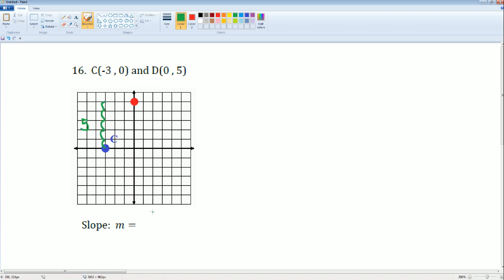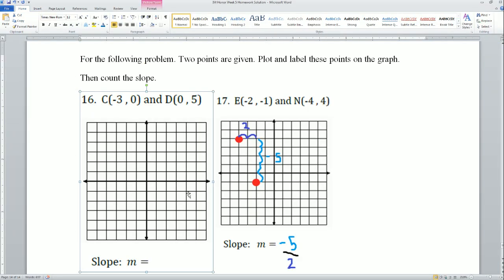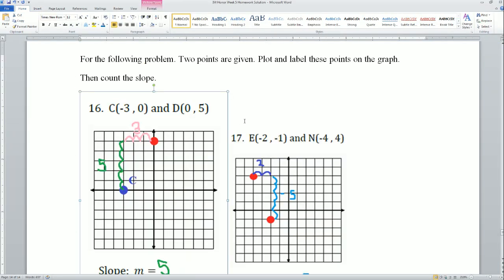Okay, so it's 5 over. Then you want to do the, I think you could see pink, 1, 2, 3. That's positive 3 because you're going to the right. That's 3. Right, there you go. So that is your slope. Okay, there you go.